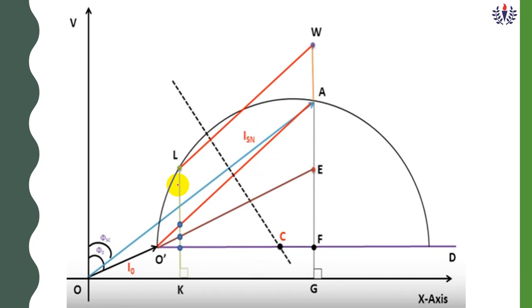This L to K will touch the red color output line, and the dark line, and it is also touching the fixed loss line.